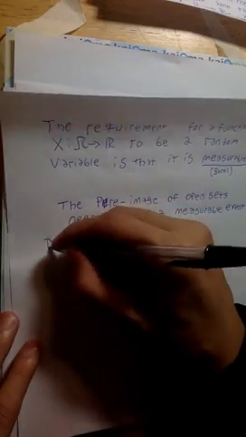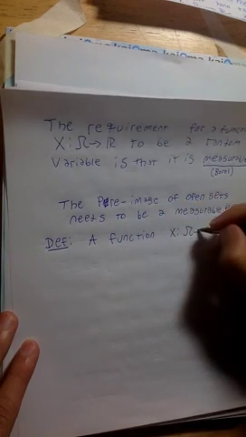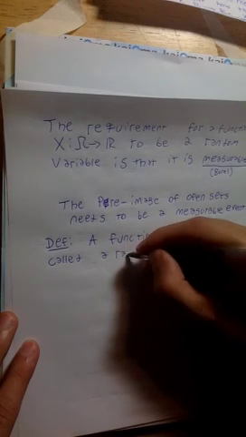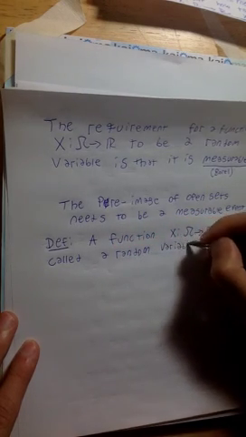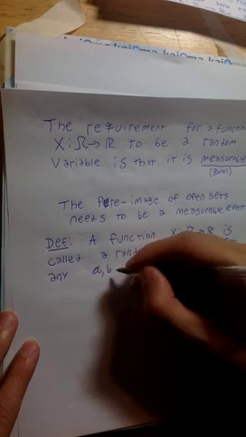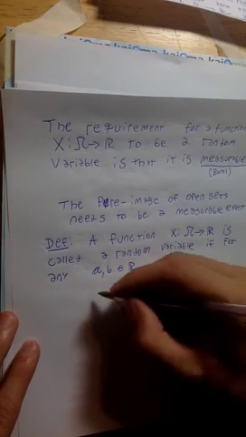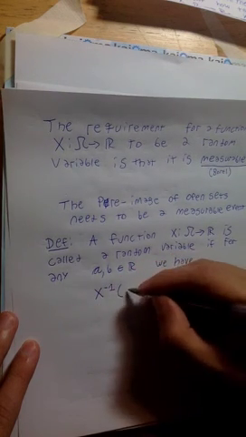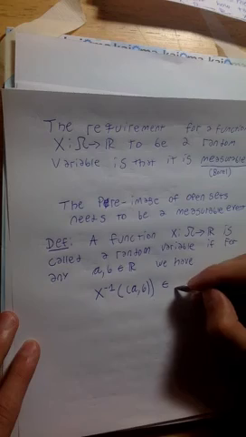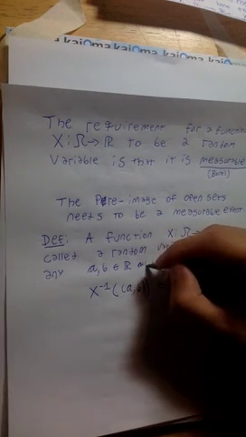Okay, so let's write this down in a definition. A function X that goes from omega to R is called a random variable if for any a comma b in R we have the inverse of the open set (a, b) is a measurable event in F. Okay, so this is for any a and b with a less than b.